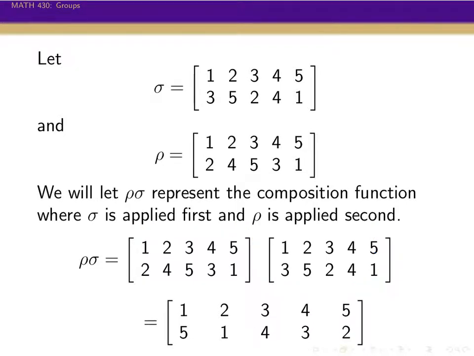And so you have 2 nicely written there. You can see at the end that we have a new reordering of the numbers 1 through 5. And so this is our new function, rho sigma. It's the function we get when we apply sigma first and then rho.